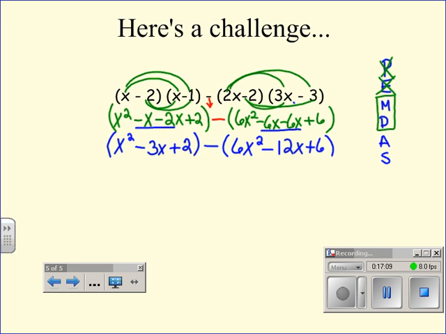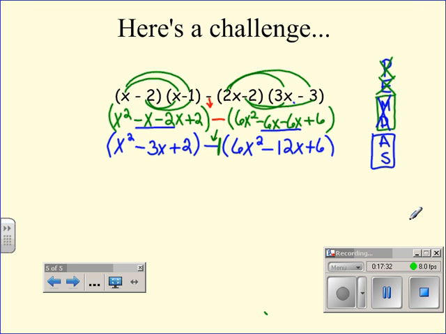Now I'm ready to move on to my next stage because I've done the multiplication, and I'm ready to go to adding and subtracting. Whenever I have a minus sign, a subtraction sign outside of parentheses, I am going to have to look at this as saying there's a negative 1 out here, and I'm going to need to distribute that negative 1 to everything in the parentheses.